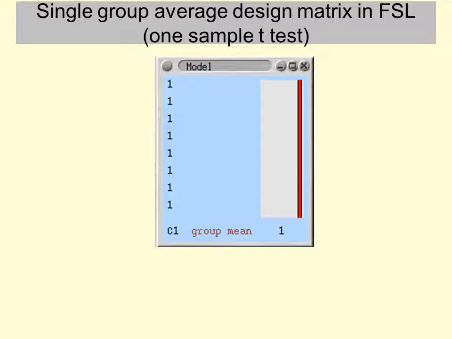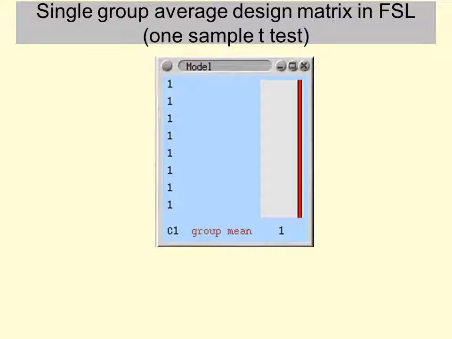So you can tick in feat boxes to apply this to all of the contrasts that will run at the first level. So if the first level feat folders contain contrasts for visual, for auditory, and for auditory minus visual, and for visual minus auditory, and then you set up this second level design matrix, it would actually produce 4 second level contrasts of parameter estimates, one for each of the first level ones, or you could choose to select a subset of the first level ones if you want.